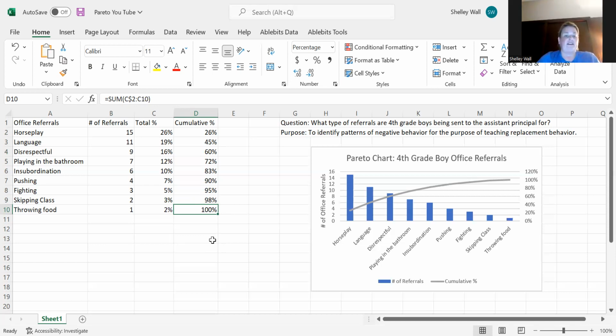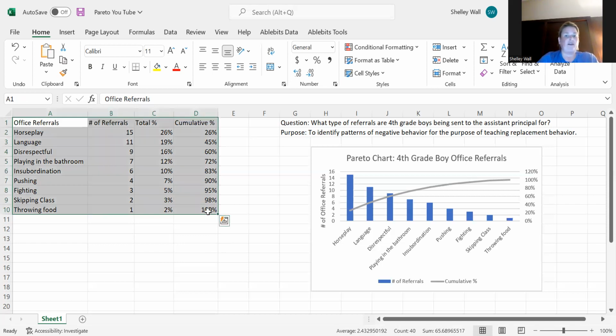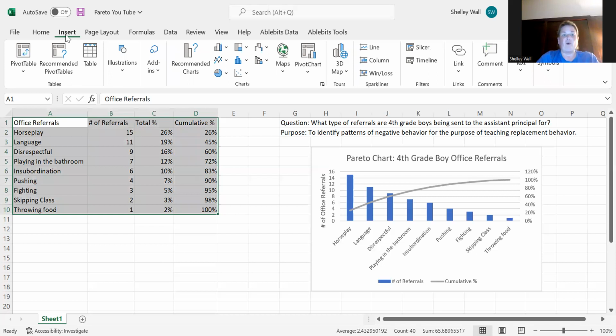So now that we've got our data set, we can highlight the chart. At this point, you're going to go into your recommended charts, and depending on which version of Excel you have, it may look different.